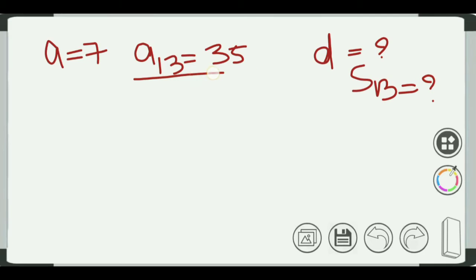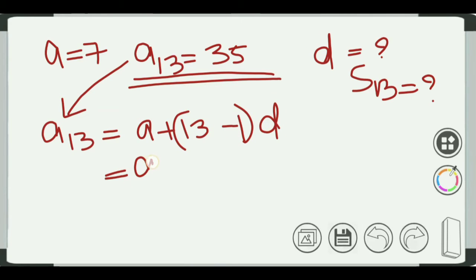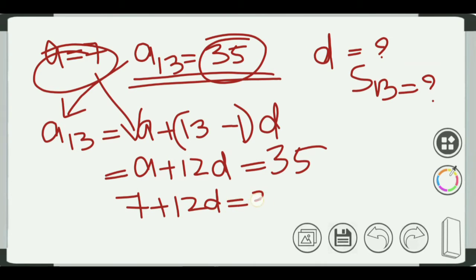First of all, a13 is given, so you can expand this one. a13, how can you expand? a plus 13 minus 1 into d, a plus 12d equal to what? Given as 35. One more value is given, a is equal to 7. So you can substitute here. 7 plus 12d equal to 35. So therefore 12d equal to 35, 7 will go this side and become minus 7.